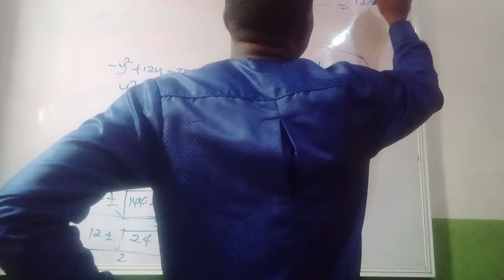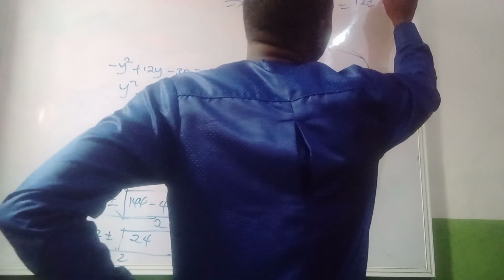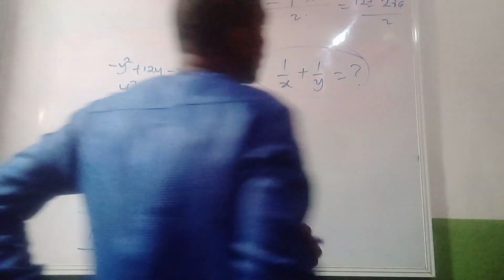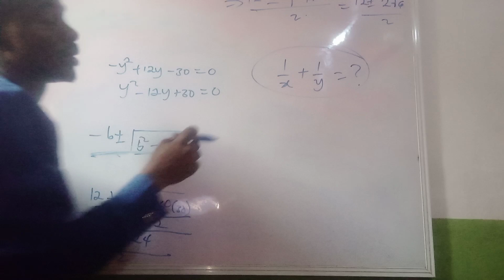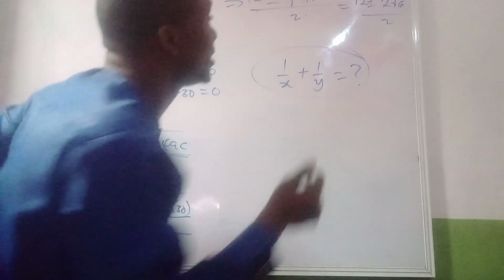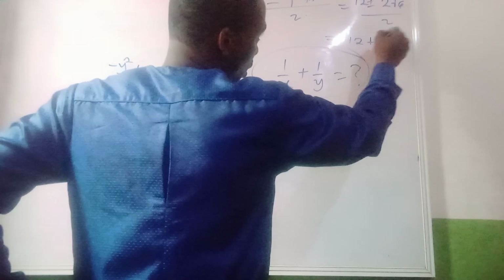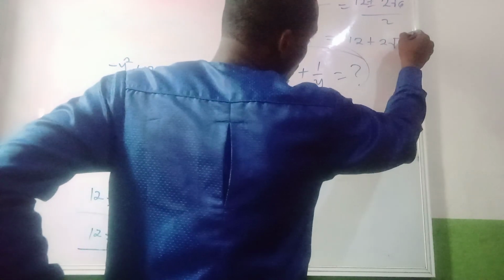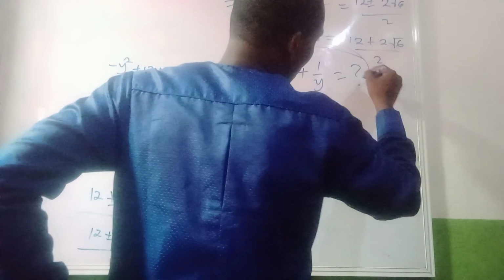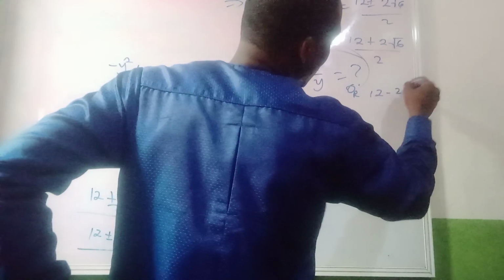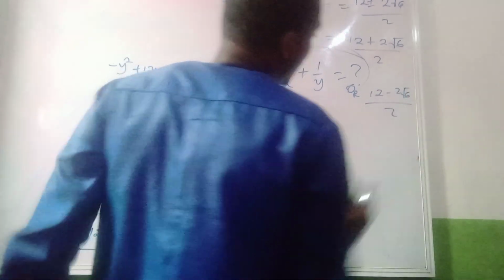This is going to give us 12 plus or minus 2 root 6, over 2. So we can divide this by 2. This is the same thing as 12 plus 2 root 6 over 2, or 12 minus 2 root 6 over 2.